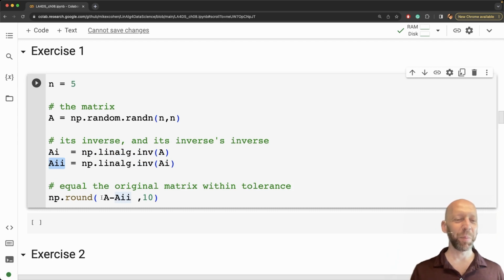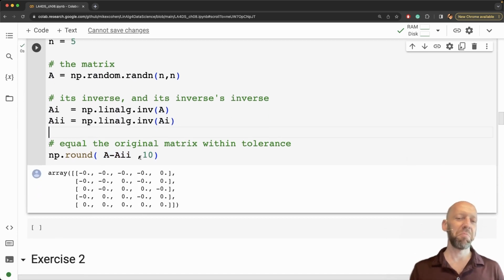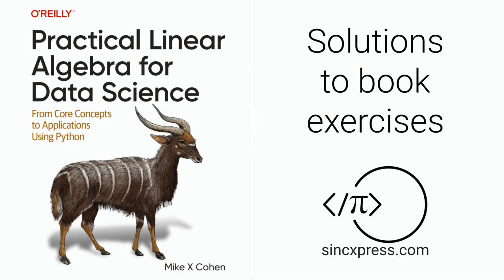Then we compute the difference between the original matrix and its double inverse. Maybe there are going to be some tiny rounding errors here and there, but we expect these two matrices to be equal to each other, which means we get a matrix of all zeros.